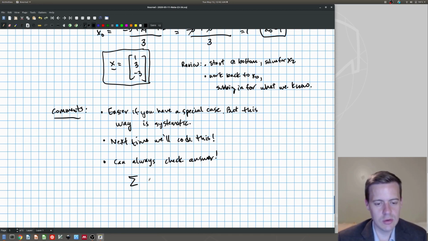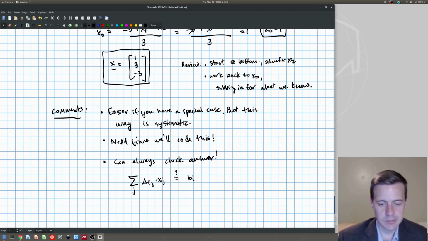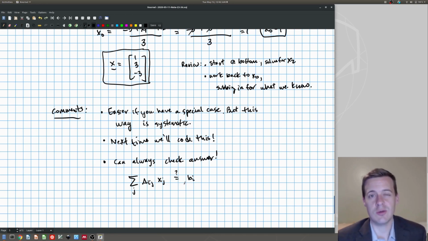So you can do a_ij times x_j, summing over j, and check if that's equal to b_i. Once you have x, you can plug it back in and check, does that equal b_i? And on your homework, you have to write a little code that'll help you practice this, to show that you can check that answer. But then you can know that you're right.